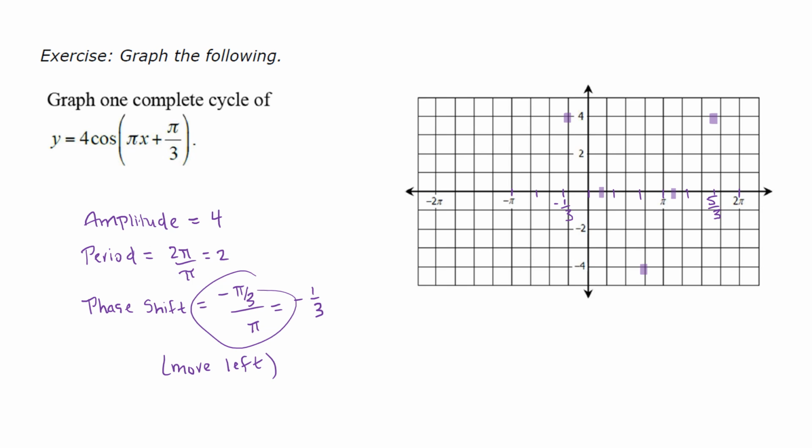So for instance, 0 would be 2. What else? The 4 over 3 would also be 2. And then we would have 2 over 3, or 2 pi over 3, in this location, would be negative 4.